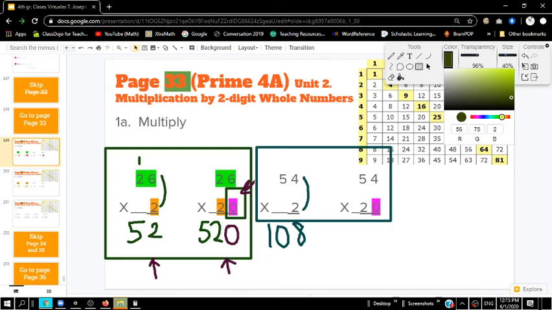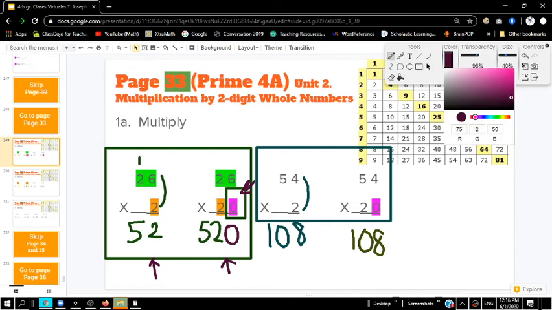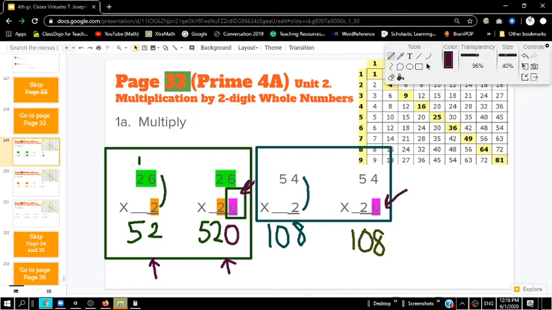The only thing is we are multiplying by a base 10 in the second one instead of just a whole number, a one-digit number. So I'm going to put my base number in my answer blank, 108, and I'm going to include my 0 in my problem because we're multiplying again by a base 10.